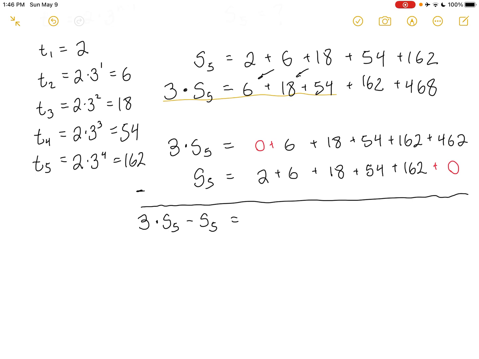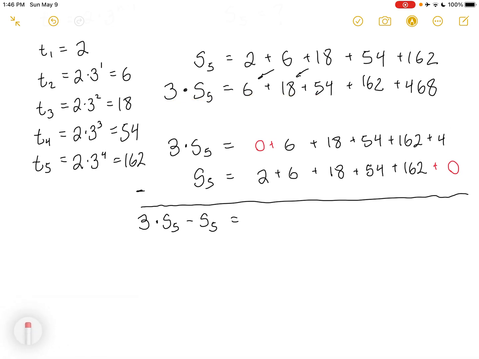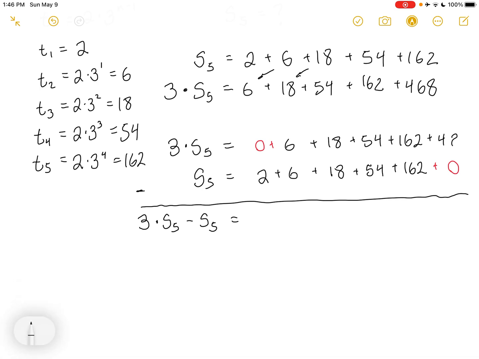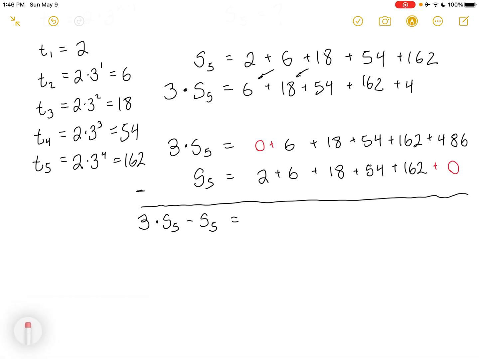This is actually 468. I thought that looked wrong. Let me erase that. There we go. Let's fix that. Not 468, it's 486. Third time's a charm. And I had it right here. I inverted the last 2 digits. I think there's something going on with my brain, you guys. Okay, 486, that's better. So 486 minus 0 is 486.